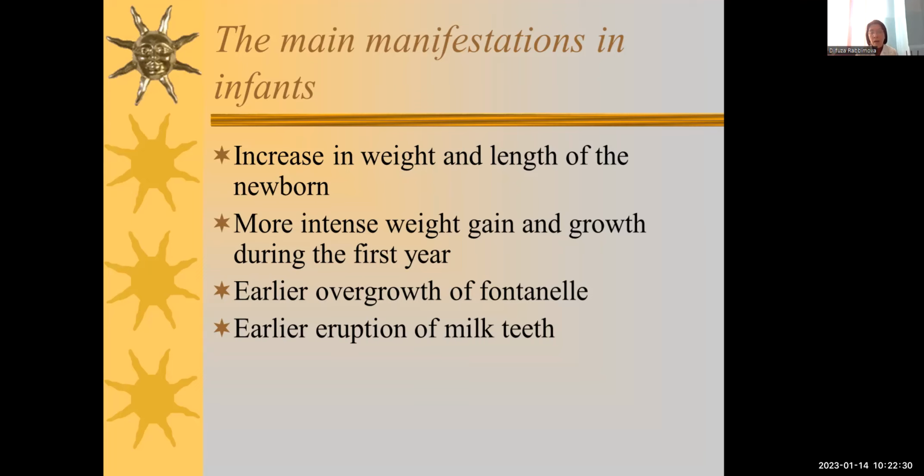For example, some years ago, normal overgrowth of the fontanelle was at age 12 to 18 months. But nowadays, this age is 10 months, maybe 9.